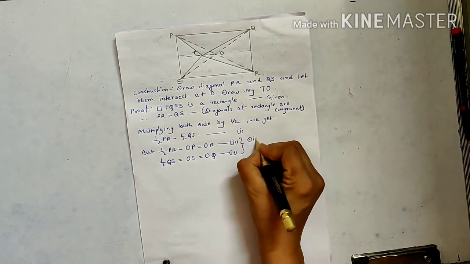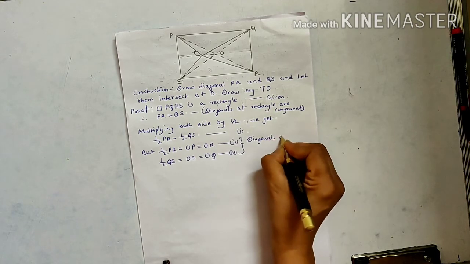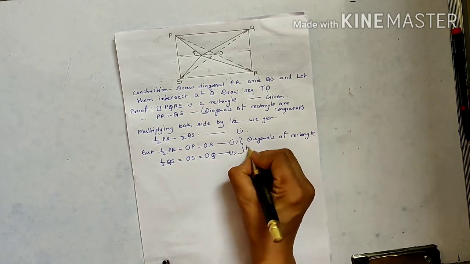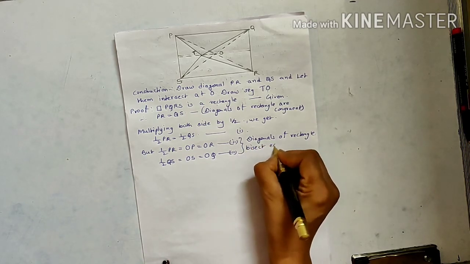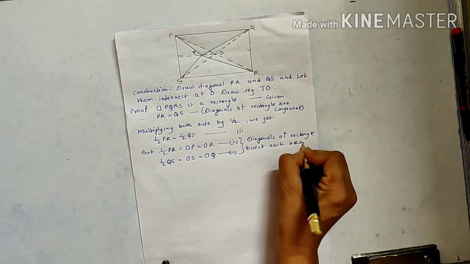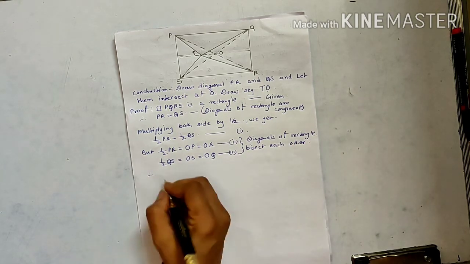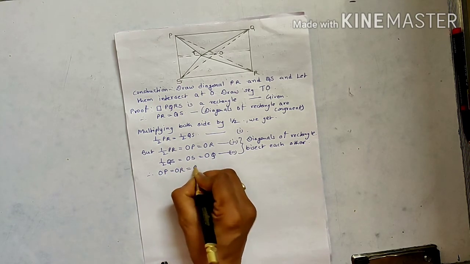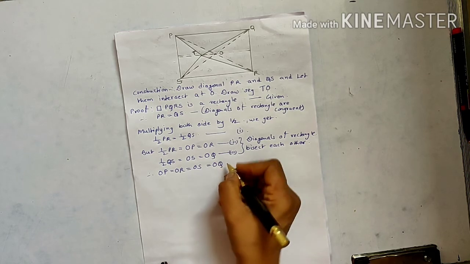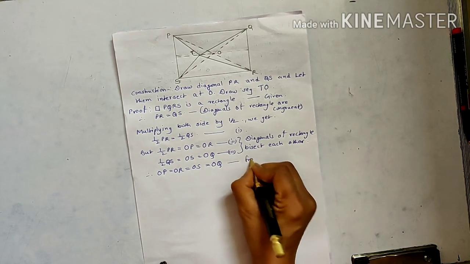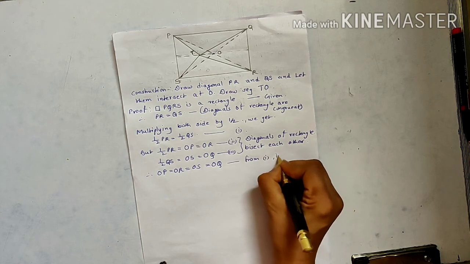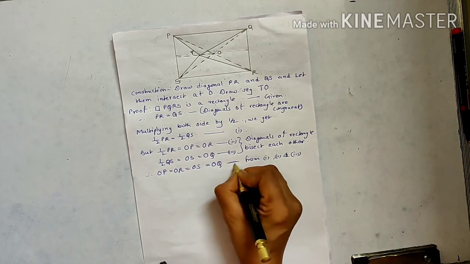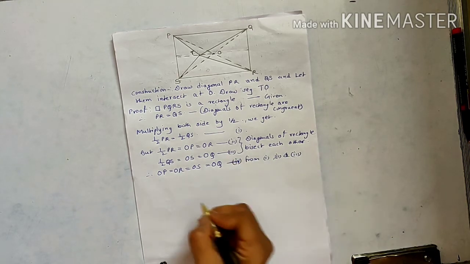Because diagonals of a rectangle bisect each other, therefore we can write OP is equal to OR is equal to OS is equal to OQ. This is from first, second and third, and we will number it as 4.